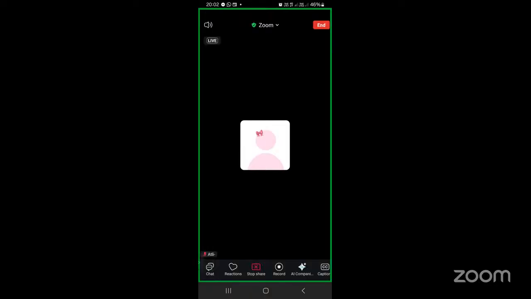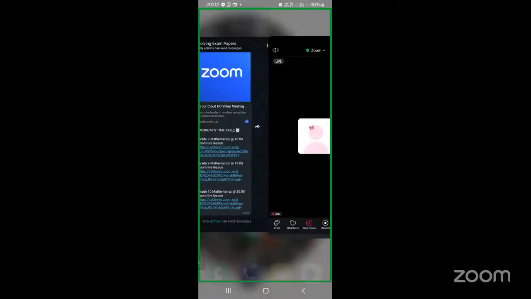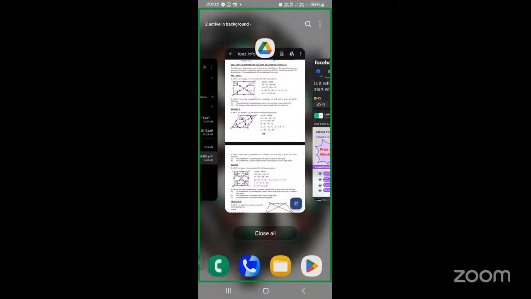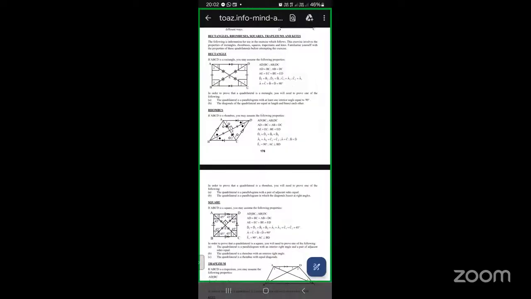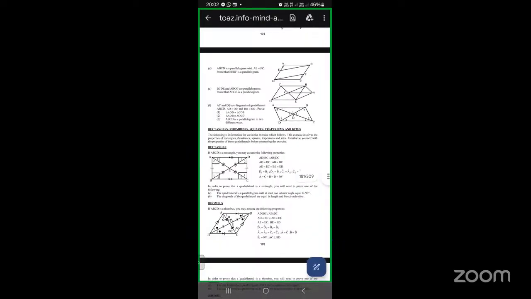Let me quickly go to the work of today. In our previous lessons, we have been doing the properties of the parallelogram as a quadrilateral, and now we are able to apply the properties of a parallelogram to calculate whatever we are required to calculate, or to prove that the quadrilateral is a parallelogram.